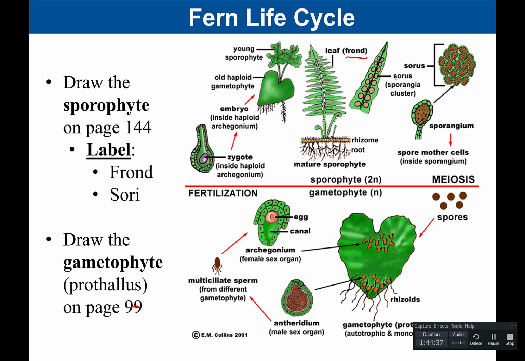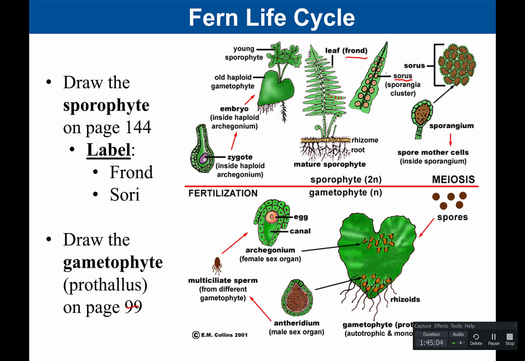Sori is plural for sorus. So basically on the underside of the leaves, let's say we drew this with the underside, you're going to see these dots, and those dots you're going to label as the sori. Those are the little packets of spores. And so the way that this works in the fern is that we have its frond, its big leaf, and on the bottom side we have the sori.